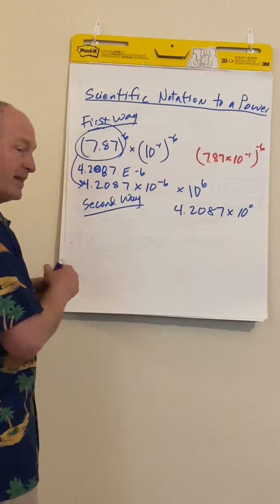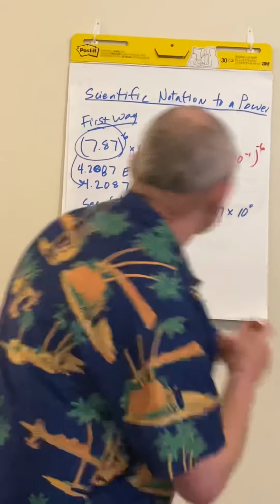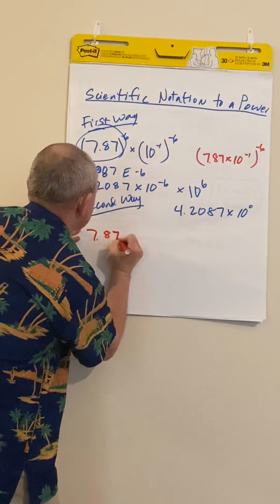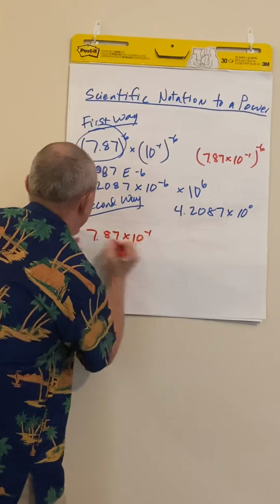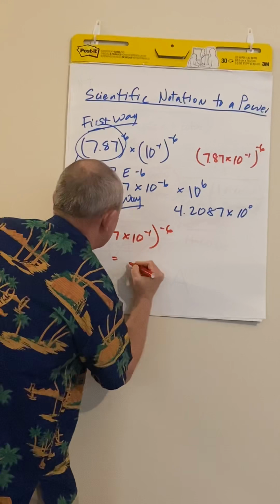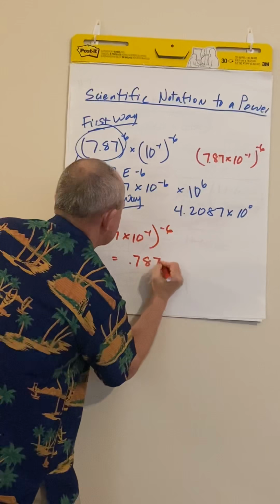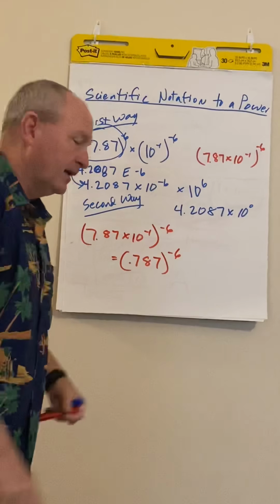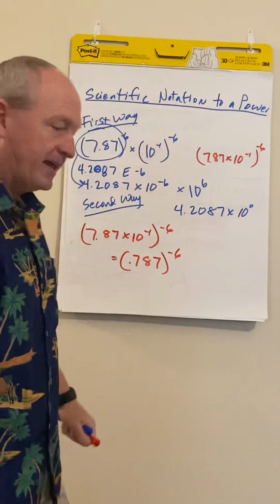So 7.87 times 10 to the -1st, all of that to the -6th, is equal to 0.787 to the -6th.